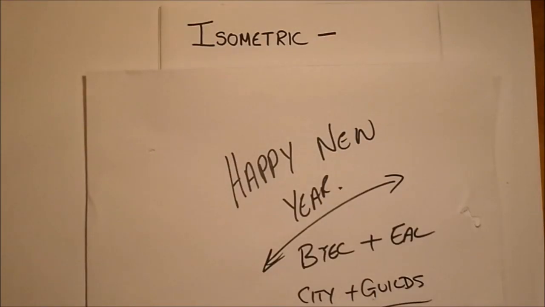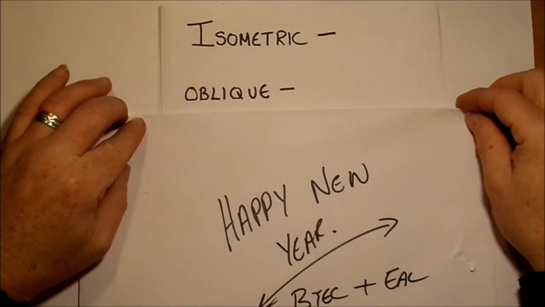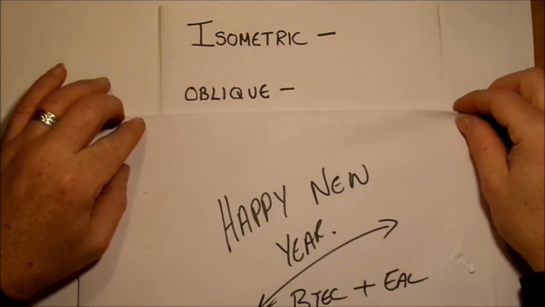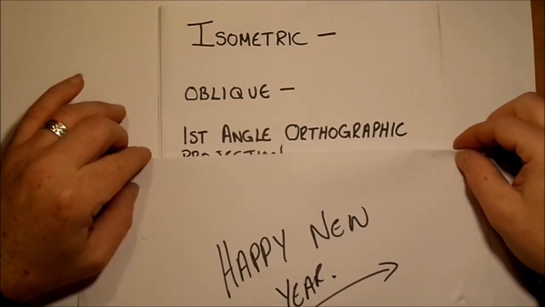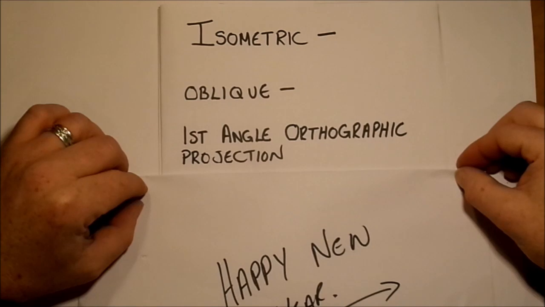Alright, moving on. Once we've done that, I will take you through the oblique drawing. I'll do the oblique drawing, I'm not expecting you to do it, but you need to understand it. The next one, you will have to produce a first angle orthographic projection of the drawing that I have just shown you.